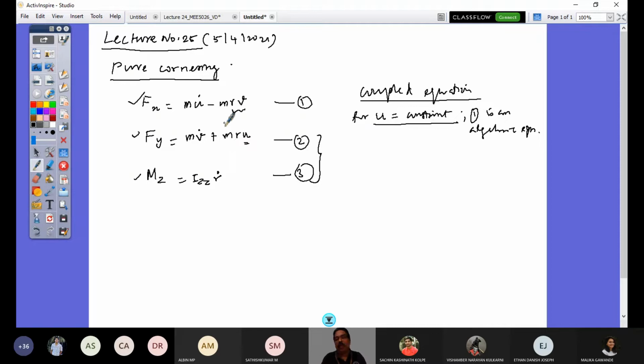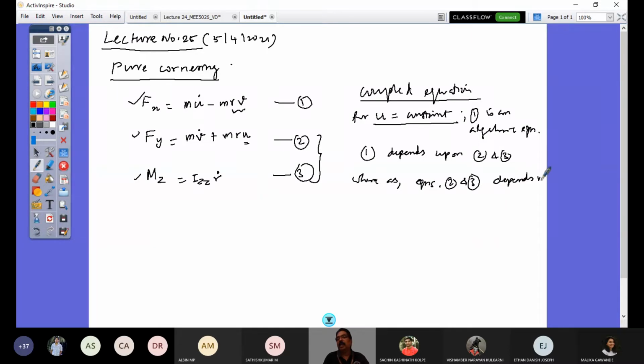So you can say that equation 1 depends upon 2 and 3, as r and v are there. So v and r in this equation, the yaw rate changes in this equation, depends on 2 and 3. Whereas equations 2 and 3, these two equations are functions of, or depend on u, right?